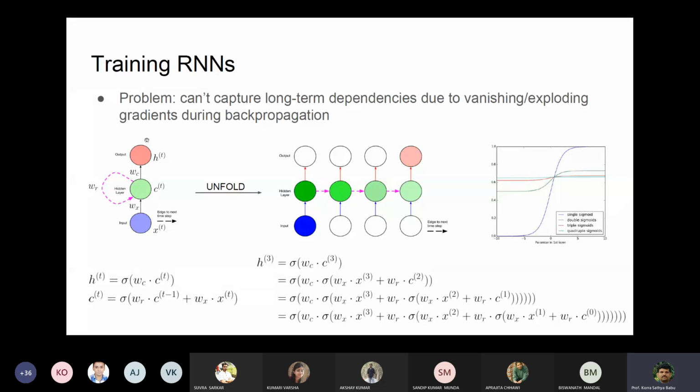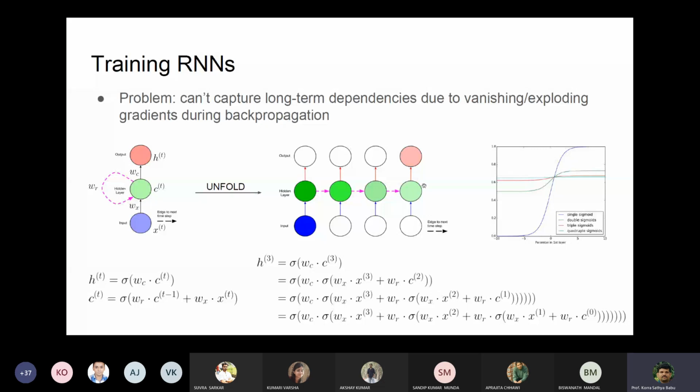Now suppose you wanted to get the output at position 3, that is 0, 1, 2, 3. We are unfolding the same thing with respect to time stamps. So h of 3 equals WC, the weight, into C of 3, where we have C of 0, C of 1, C of 2, C of 3.